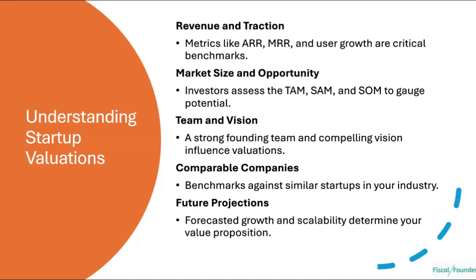They have more exposure and experience with similar spaces, and they can help determine where that multiple lies. That then determines your pre-money valuation. How much money you raise gets you your post-money, and that determines the percentage of the company that the investors get. Again, I'm not getting into the details of the actual calculations here.